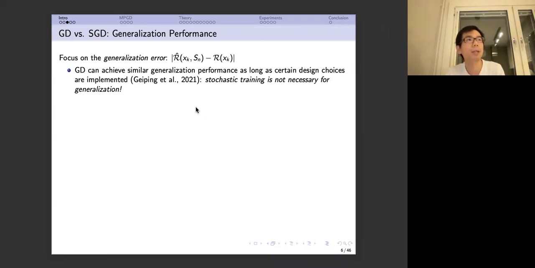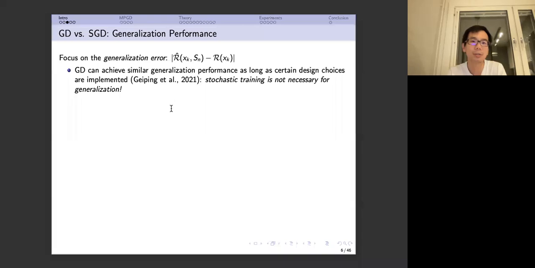The paper also claimed that because people are so obsessed with SGD, they fine-tune the training procedure so much that SGD outperforms GD. But if you go back to GD and fine-tune it, by adding some tricks, can you match the performance of stochastic gradient descent?